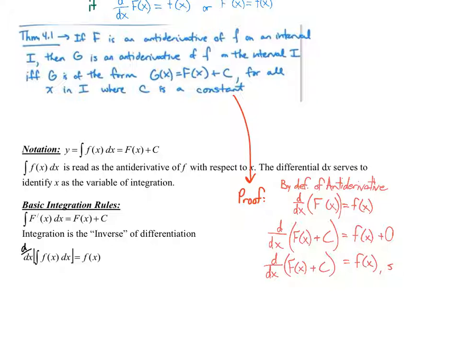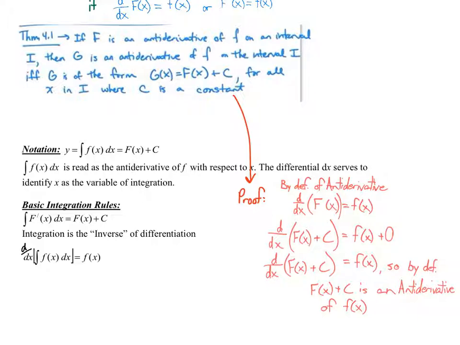what do we know about capital F of x plus c? C is a constant. By definition, capital F of x plus c is an antiderivative of f of x. One of the easiest proofs you'll find.